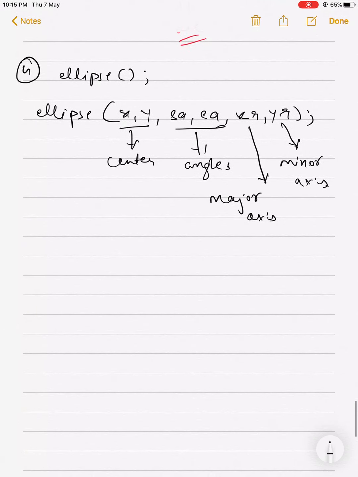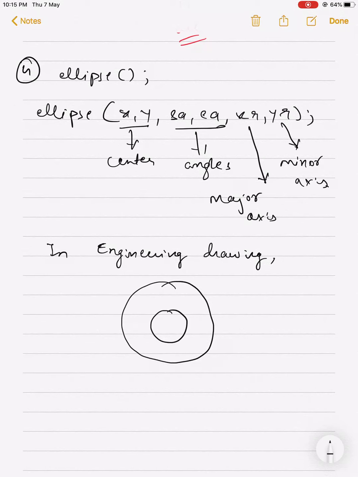So in engineering graphics also, in engineering drawing, if you draw an ellipse, first of all you draw a minor circle and a major circle, then you take different arcs. Then from here you start like this, and like this you take the arcs, and your ellipse is made.